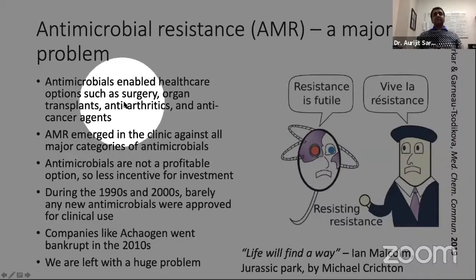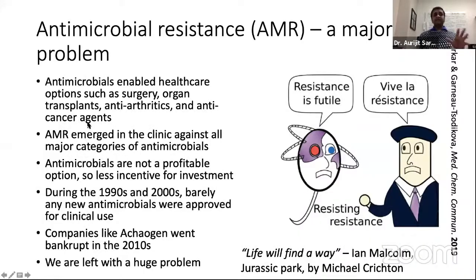For example, it enabled us to perform surgeries, organ transplants, drugs against arthritis, drugs against cancer, etc. All of these things and more have been enabled simply because we have antimicrobials at hand that will allow us to fight off pathogens.